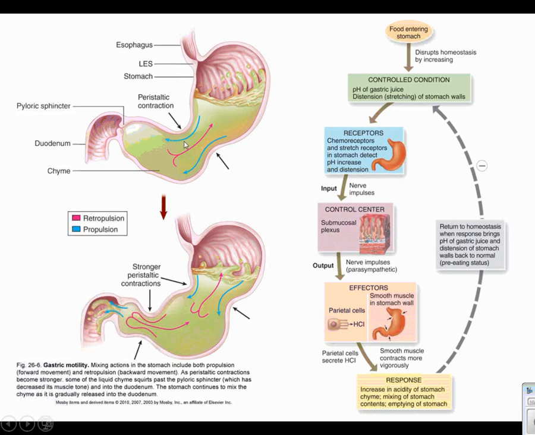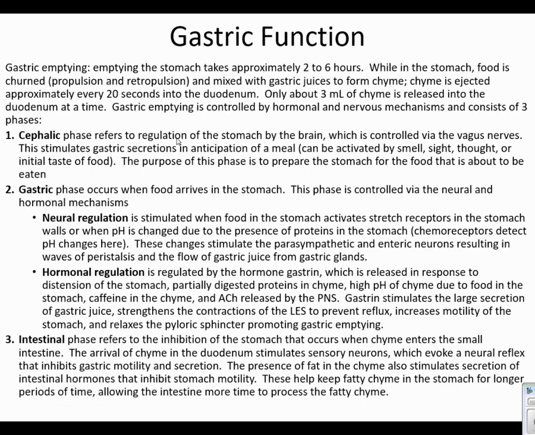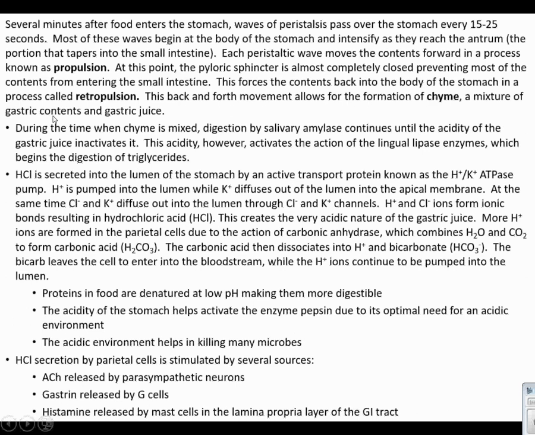That's the retropulsion. So what we're going to accomplish is a back and forth, kind of like a teeter-totter, mixing motion. And that's going to help us to form what's called chyme. Chyme is a mixture of our gastric contents, so our food and liquid, and then gastric juice.